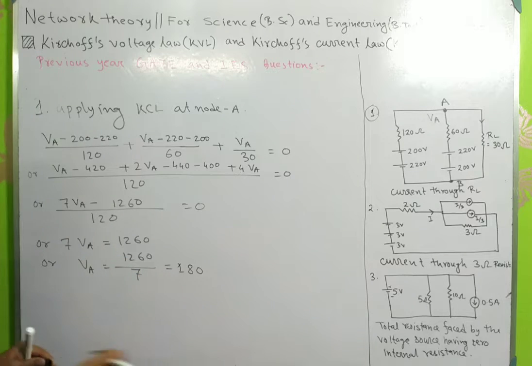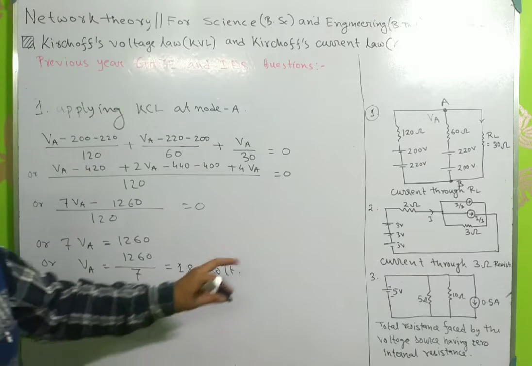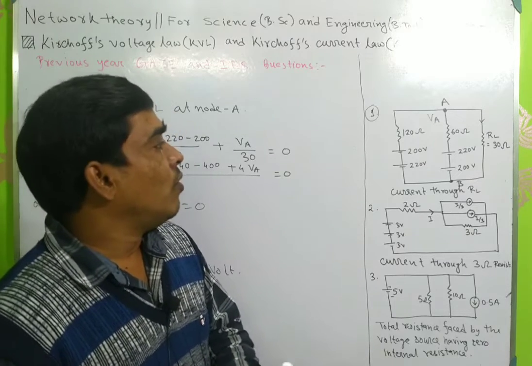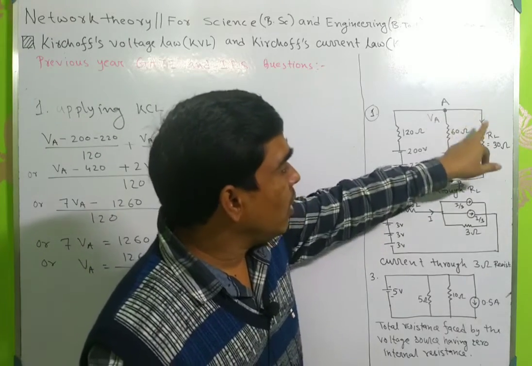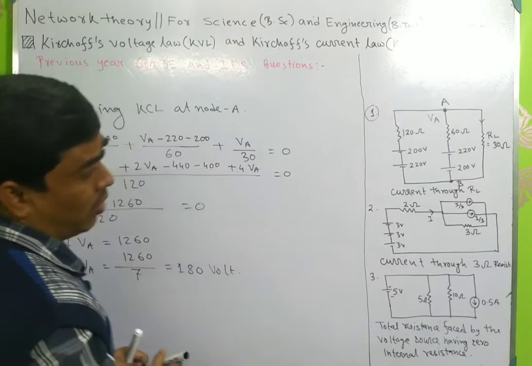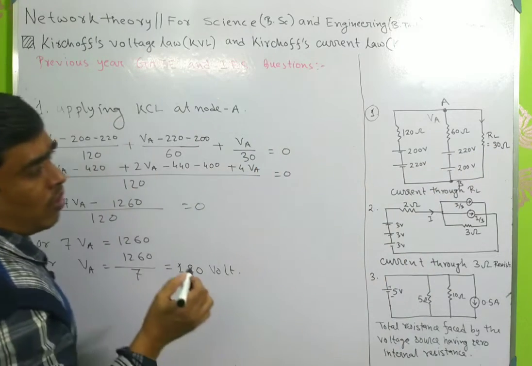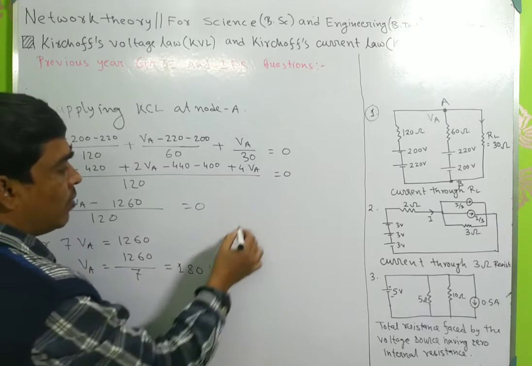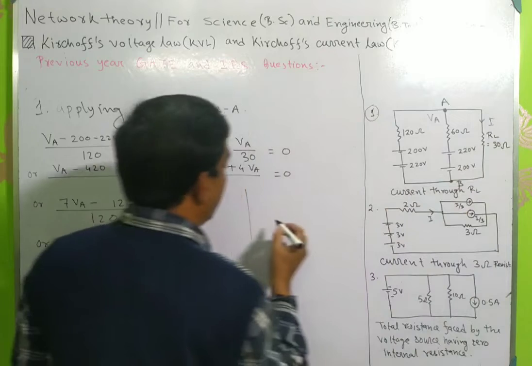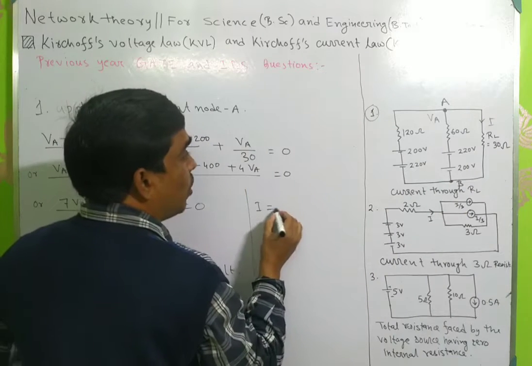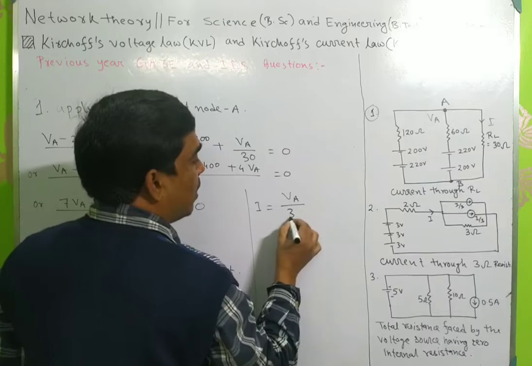Okay, so this is the node voltage. If I know this node voltage, then I can easily calculate the current through this branch consisting of the 30 ohm resistance. So current through this branch I equals VA divided by 30.